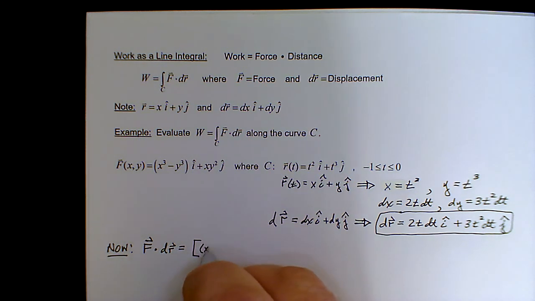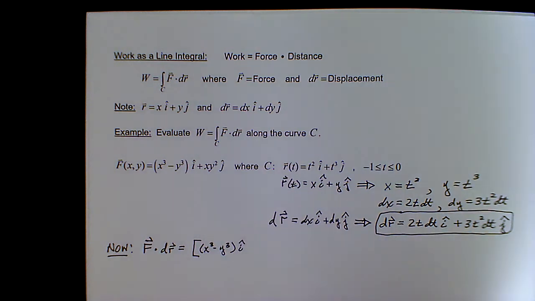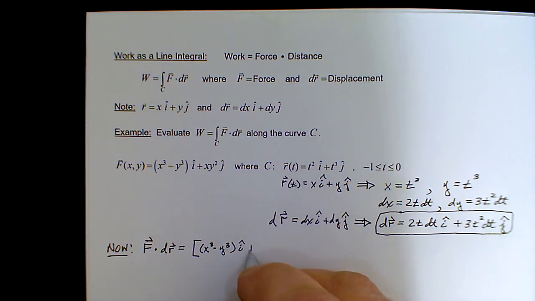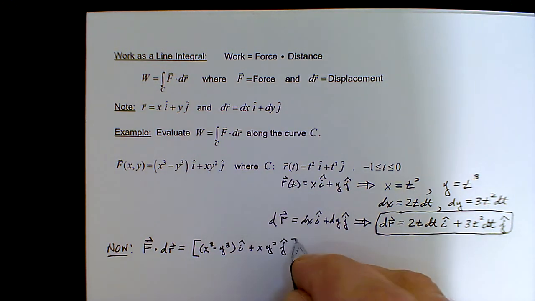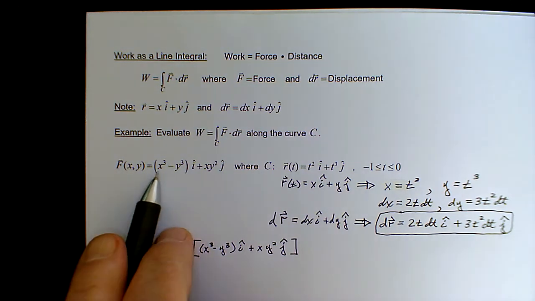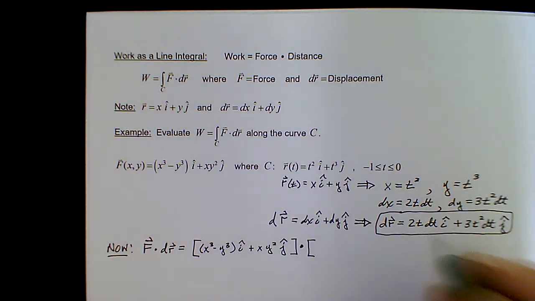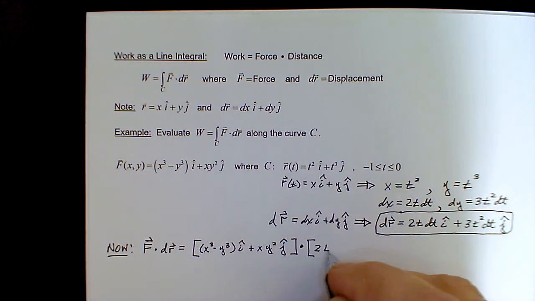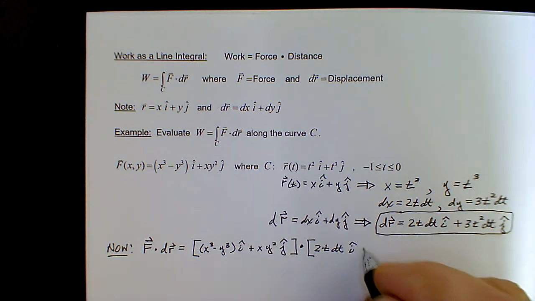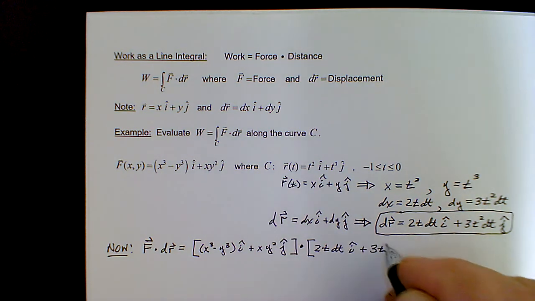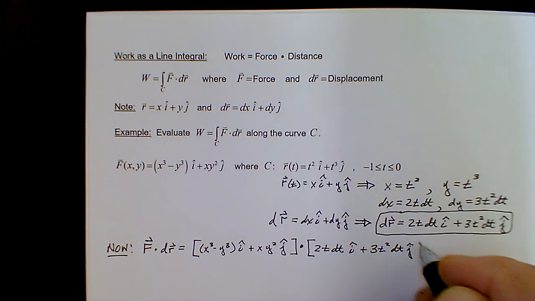I'll use brackets here. x cubed minus y cubed i plus xy squared j, because that's f, dotted with the dr that we just found, the 2t dt i, and then plus 3t squared dt times j.